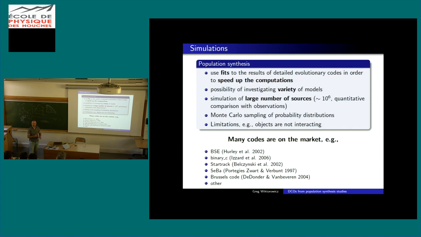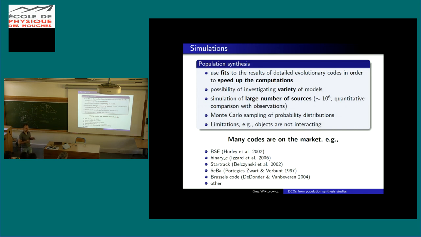The first and main one is that we do not use detailed evolutionary codes for stars, but we use fits to the results of these detailed evolutionary codes. And the important gain is a high speed-up of computations.